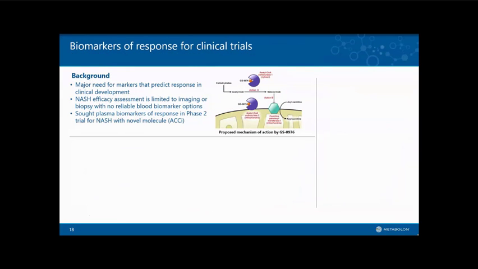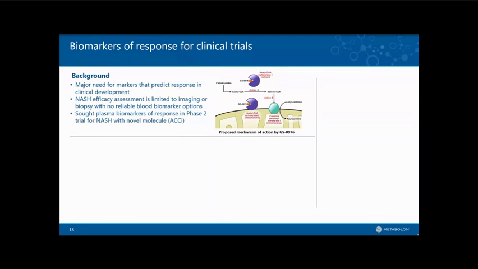And the final example I want to show is that oftentimes you can directly, as I showed on that Venn diagram on an earlier slide, profile clinical samples directly, whether it's a phase 0, phase 1, or in this case, a phase 2 study. So this is really a fairly common occurrence where investigators are looking for markers that can predict response in clinical development.